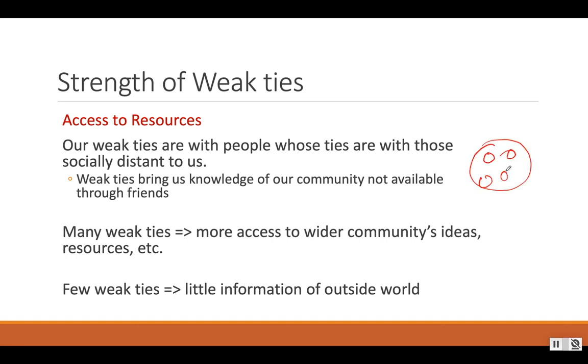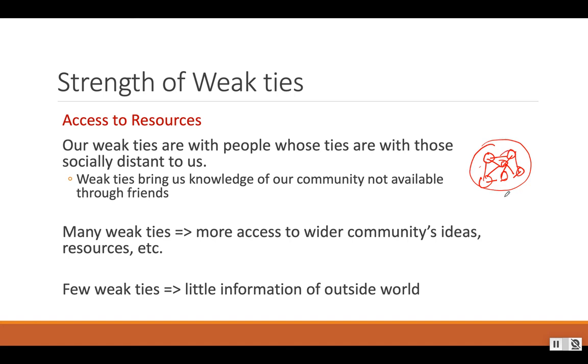In this group all of them know each other, so all the resources and information will be known by each other. So it is less likely that new information will pass within a strongly connected group. That's how weak ties bring us knowledge which will not be available through strong friends only. Many weak ties mean more access to wider communities' ideas.